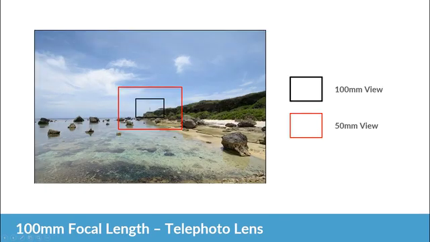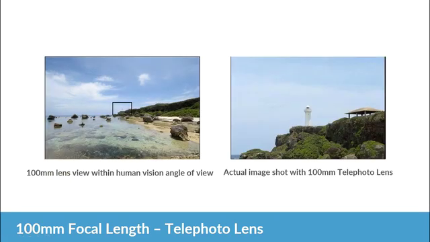So if we're going even further, say we go with a 100mm view, so we're increasing our telephoto distance to 100mm, and now we're getting, as you can see, 2 times closer to the lighthouse compared to that 50mm. And if we have a look at that, as you can see, you pretty much don't see the beach there at all.